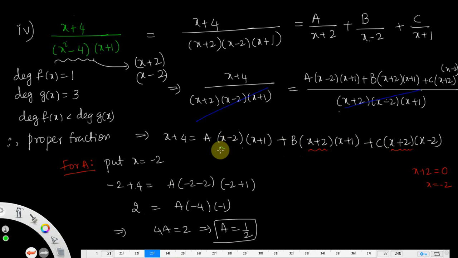Both have x minus 2 as common. So make x minus 2 equal to 0. Then put x equal to 2 in the expression. Check it: if we put x equal to 2 in a and c, then a becomes 0 and c becomes 0. Then you get the value of b. This is the simple logic. So for the value of b, put x equal to 2.